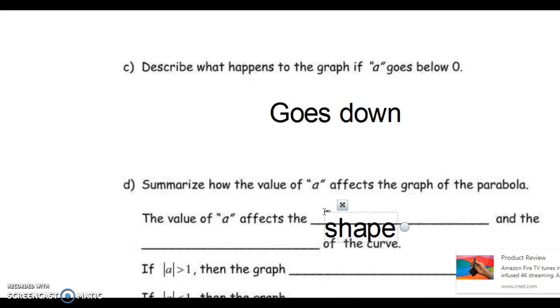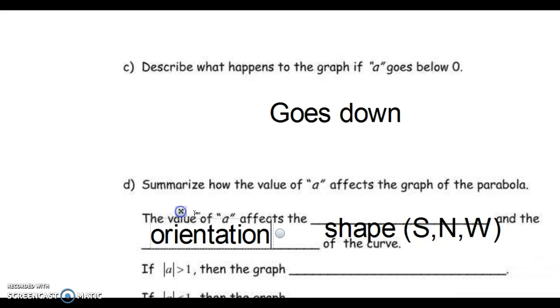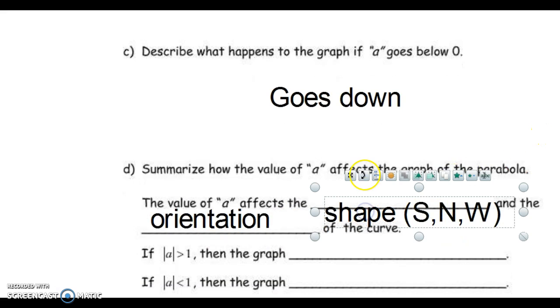And that'll be our standard graph, a 1 or positive 1, positive 1 or negative 1. It could become narrow when we go more than a 1, and then it also could become wide. So that's what that does, and also the orientation. And that'll affect the graph that way. The orientation just means it's going up or it's going down.